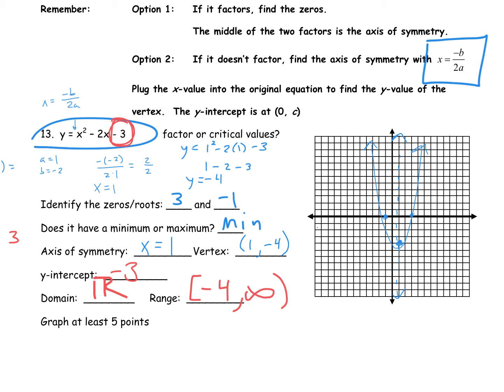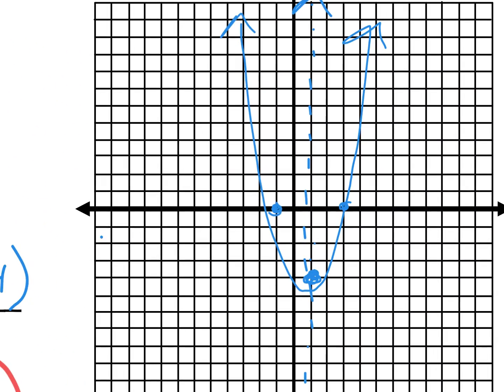And then it says graph at least 5 points. We can put our y-intercept on here. So negative 3. And then since we're one space away from our axis of symmetry on the left side, we need the same space on the right side of our axis of symmetry, so we would just be one space away on the right side also. So those are our 5 points.